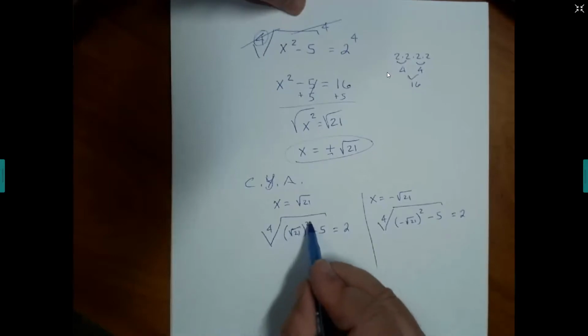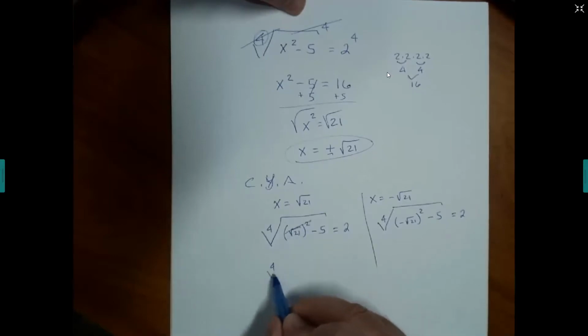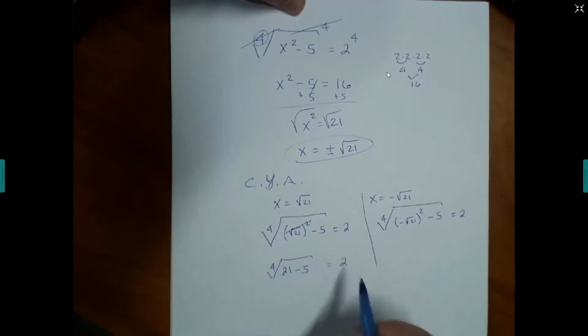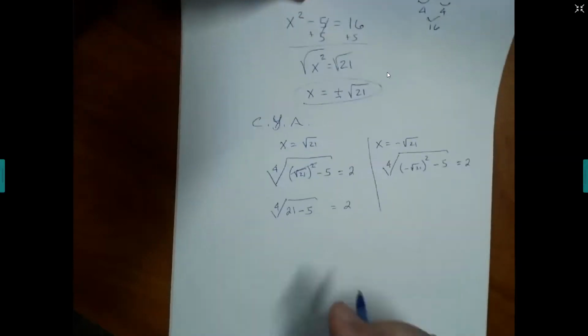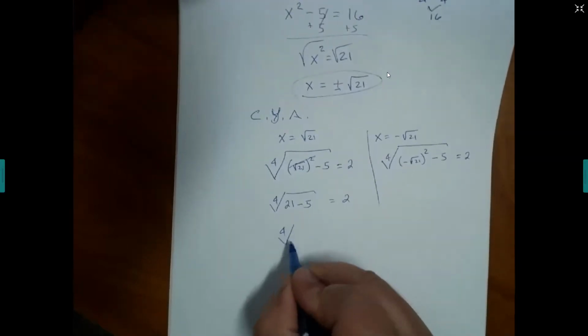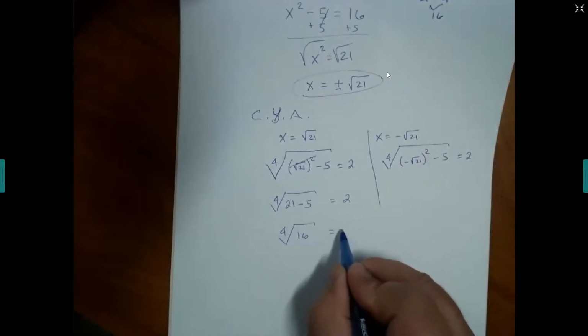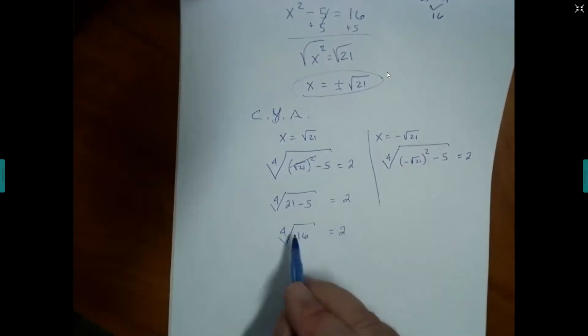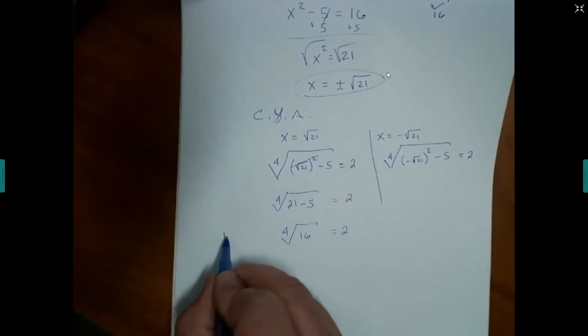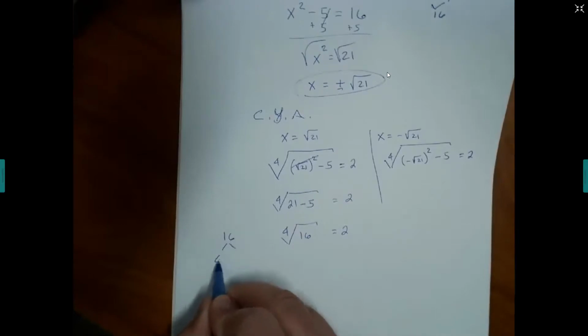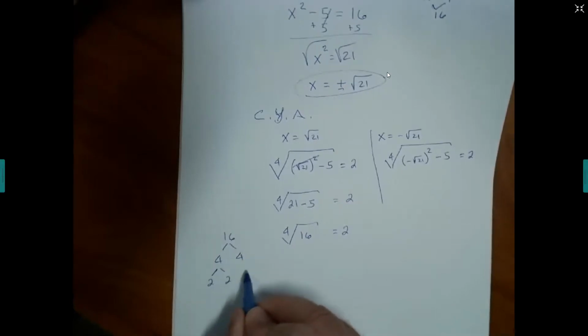Square root and the square cancel, so we have fourth root of 21 minus 5. 21 minus 5 is 16. Fourth root of 16: 4 times 4, 2 times 2.